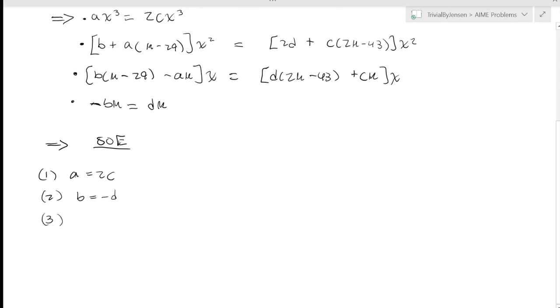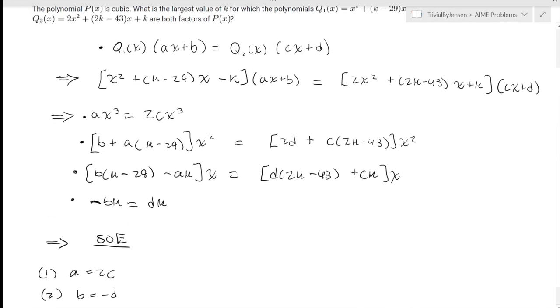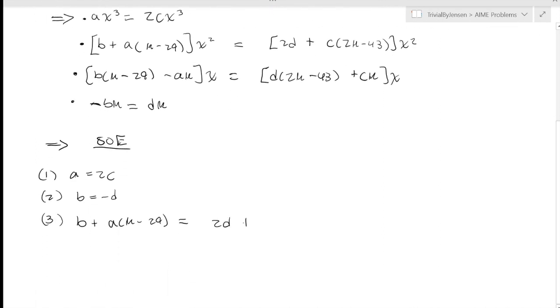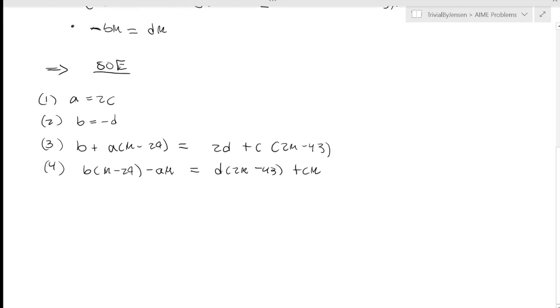So we have b plus a times k minus 29 equals 2d plus c times 2k minus 43. And the last one is b times k minus 29 minus ak is equal to d times 2k minus 43 plus ck. Phew, okay, so we have all our equations written down for the system.